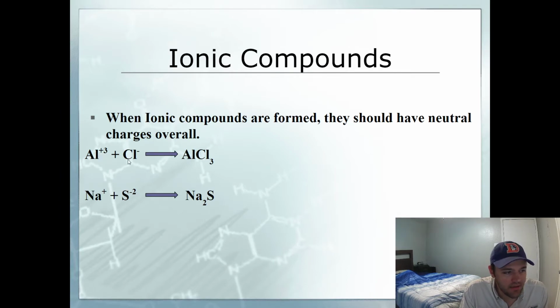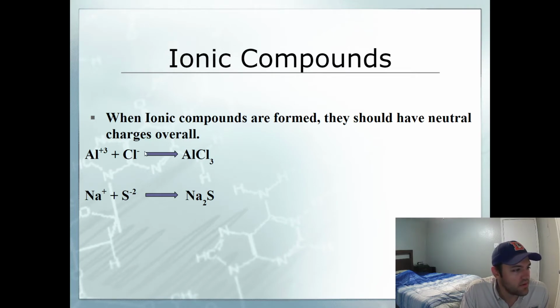And your anions are usually your nonmetal, your negatively charged ions. That's what we've got over here. So what you want to do when you're trying to put these together and form a compound is to balance out the overall charge of the compound so that it is neutral. It has no charge. They cancel each other out.